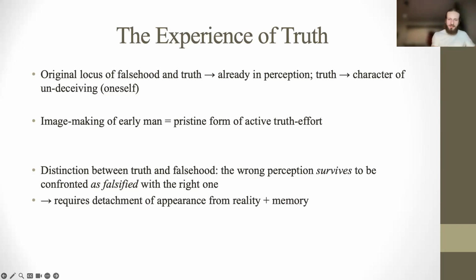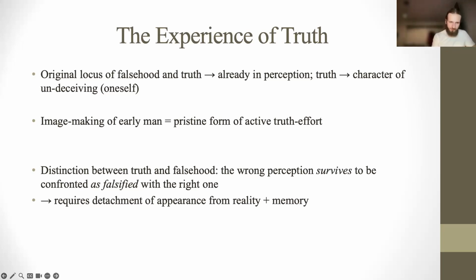This is another aspect in which the image and perception are very much inextricably intertwined in this essay. So the original locus of truth has to be already in perception. And here, truth, as he puts it in a very uncharacteristically Heideggerian way, has the character of undeceiving oneself, the character of seeing through delusions, seeing through falsehood.